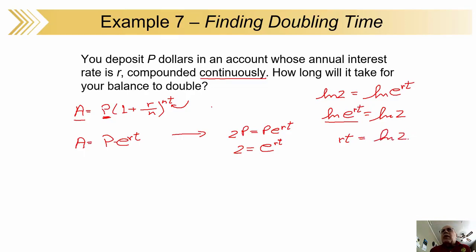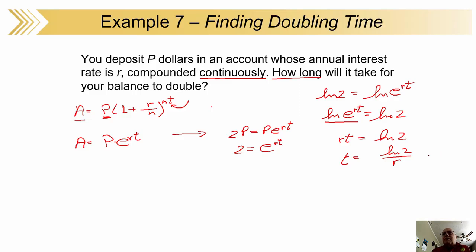And that 2 is because we're doubling our money. If we were tripling our money, if you go back here, this would actually be a 3. But what we want is how long would it take? So we need to solve this for t. Very simple. If this were a 7 here, you divide both sides by 7. It's an r. So you divide by r. And there's your answer.